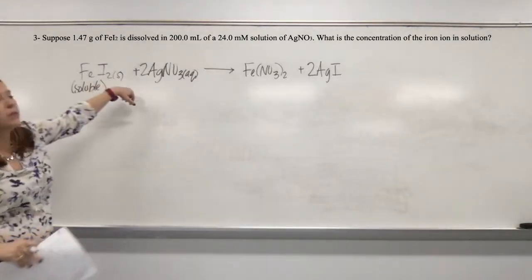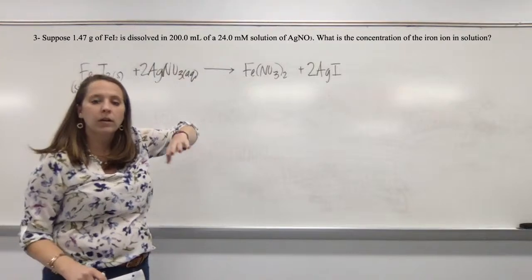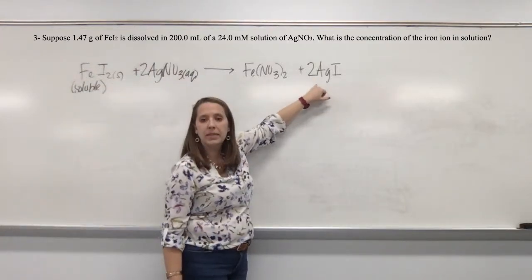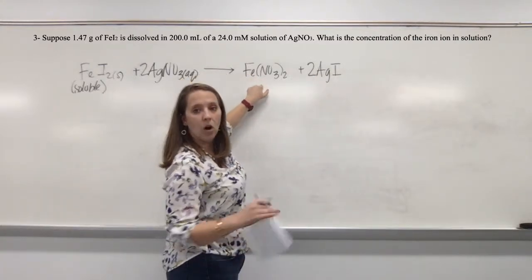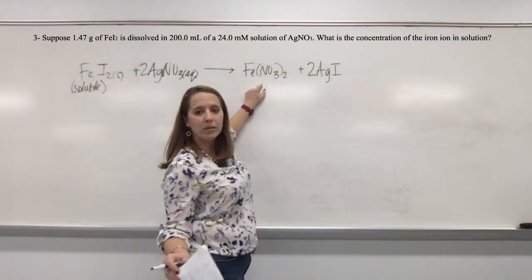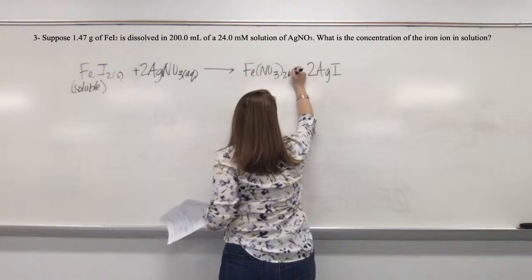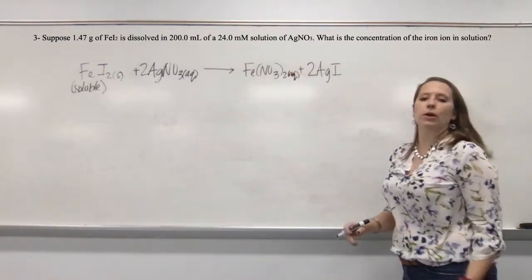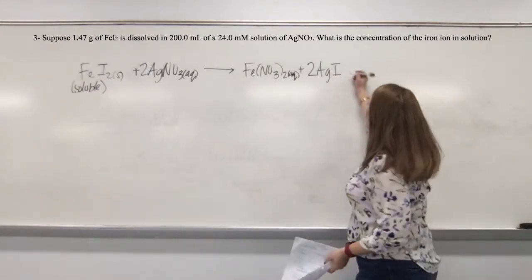So when you drop this into the silver nitrate, it is going to dissolve. Then the question we have to answer is, is something going to precipitate out? In this case, all nitrates under all conditions, 100% of the time, are soluble. Okay, well, that's great. Aqueous. But it turns out that iodide salts are insoluble when they're mixed with silver and a few other things. So this is going to be solid.